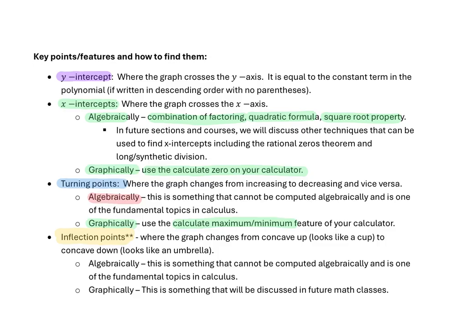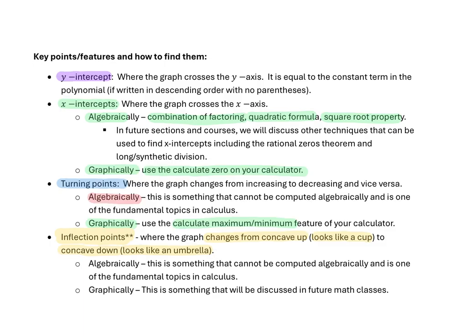Inflection point, this is where the graph changes from something we call concave up, which looks like a cup, to concave down, which looks like an umbrella. I'll point out these points when we look at some examples, but note that this cannot be computed algebraically and is, again, one of the fundamental topics in calculus. Same thing graphically. It cannot be computed graphically. It's something that will be discussed in future math classes.